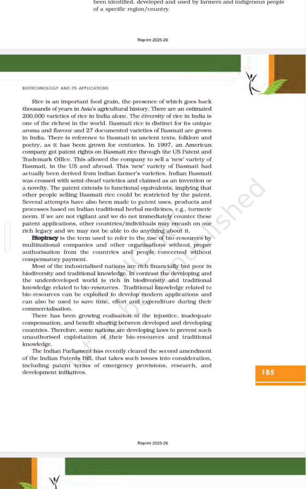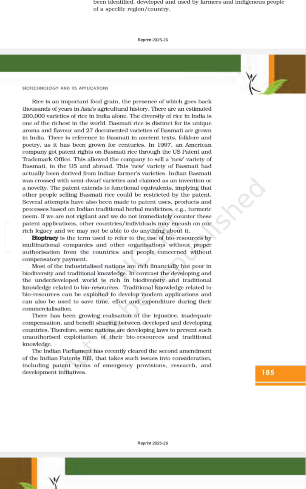Biopiracy. Now come to biopiracy. Biopiracy is the term used to refer to the use of bioresources by multinational companies and other organizations without proper authorization from the countries and people concerned, without compensatory payment. This much. Again, the next para.